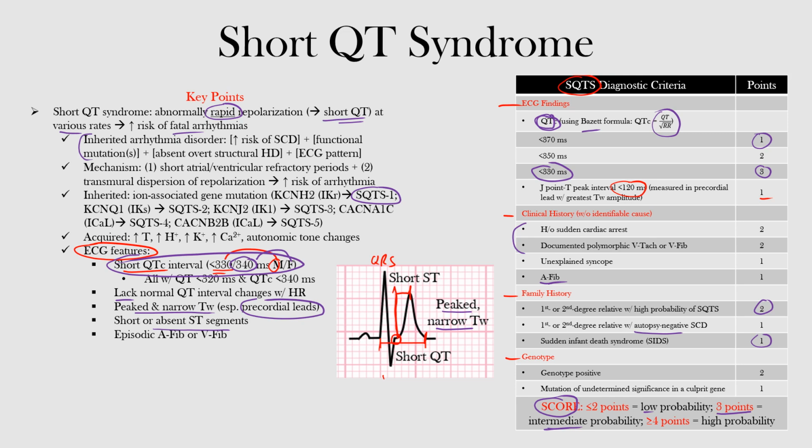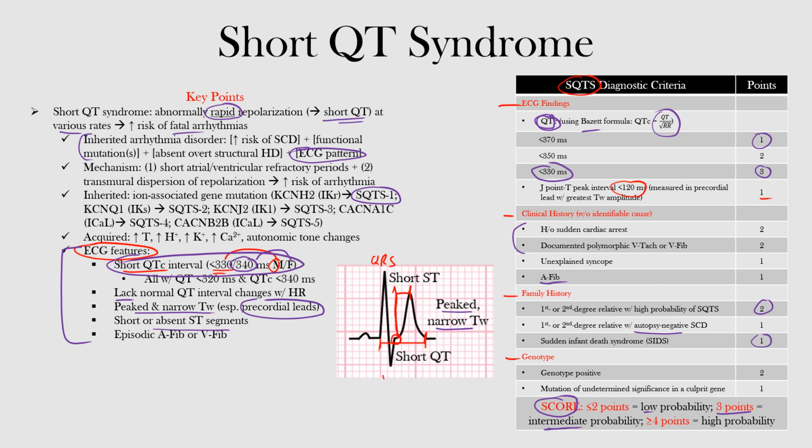The main distinguishing one was the EKG features that we talked about down here. Now remember the mechanism in this case, we have the short atrial and ventricular refractory period on top of the transmural dispersion of repolarization, meaning that you have repolarization happening at different rates at different myocardial layers. And all that leads to an increased risk of arrhythmia.